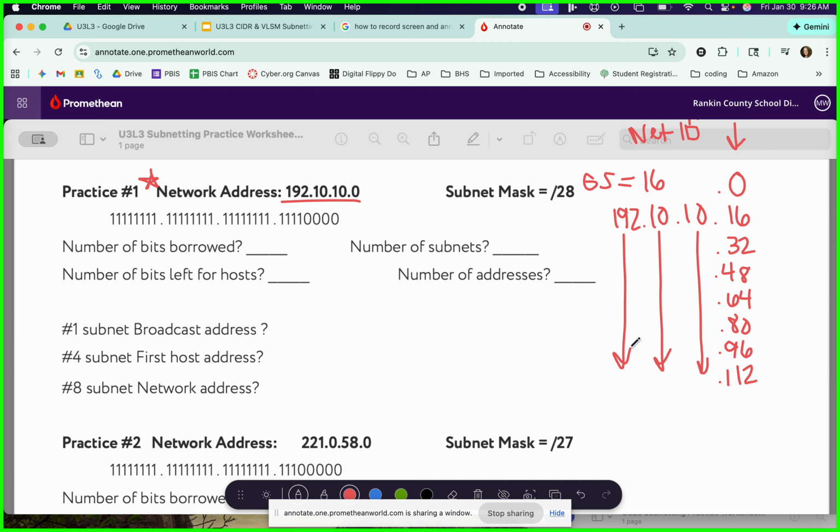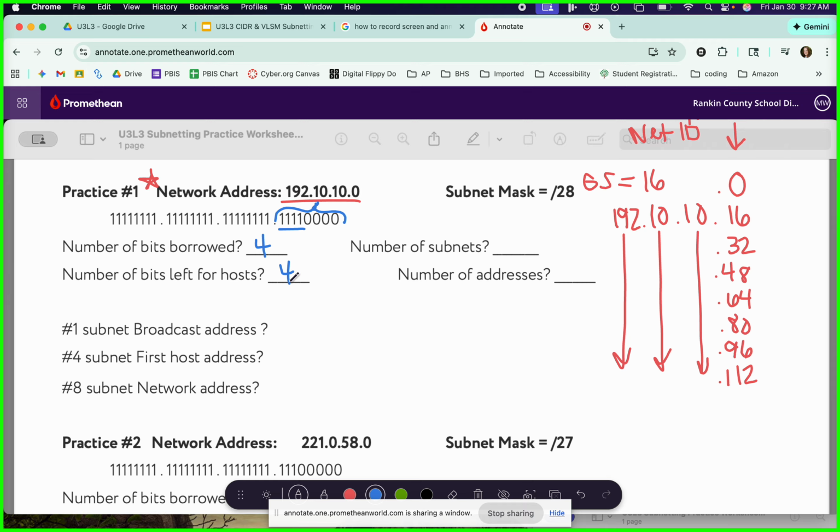All right, now, how many bits have we borrowed? Right here, we have borrowed 4 bits. And because there are 8 total, we borrowed 4, we know there's 4 left over.